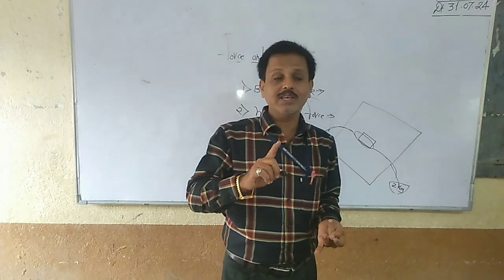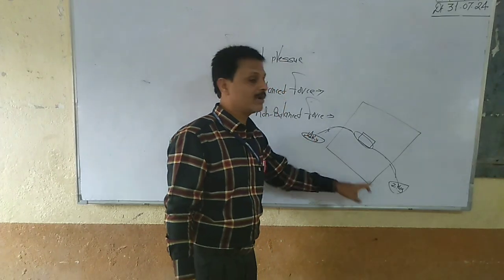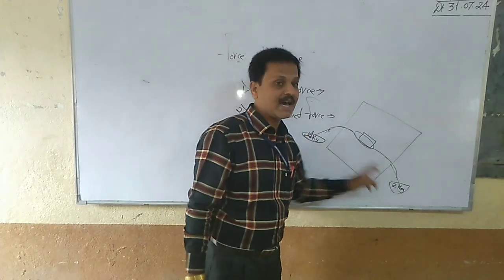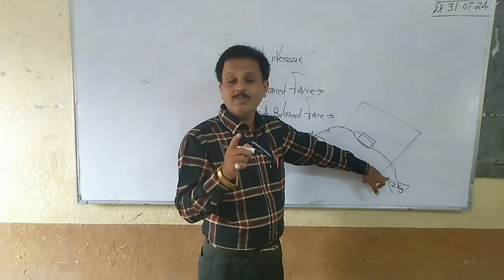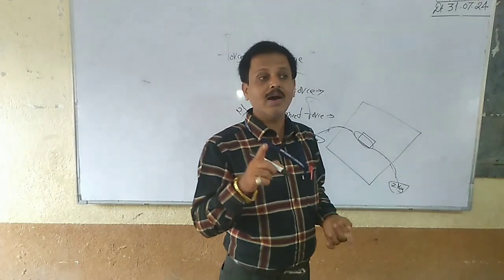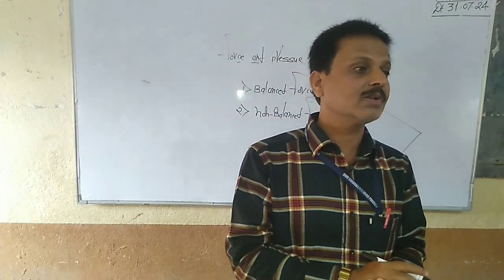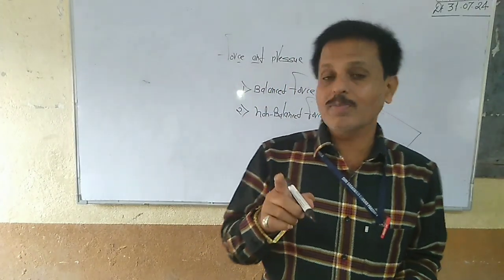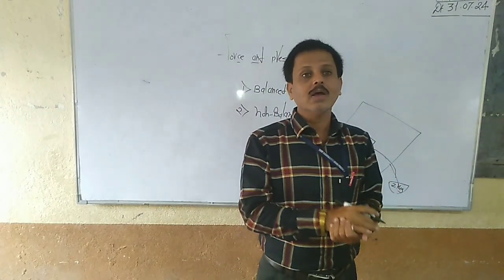That's why, students, today we discussed two types of forces that can be given from that experimental study. If the weights held by gravitational force are equal, it is known as balanced force. If they are unequal, it is known as unbalanced force. On the basis of gravitational force, you can conduct two types of forces.